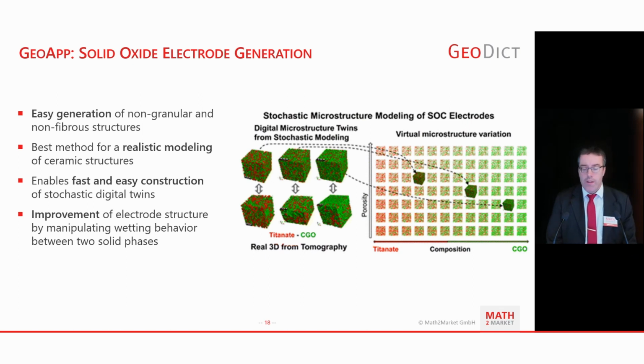And on this side, the fast and easy construction of a stochastic geometric modeling and associated realization of digital twins, as here as an example, is the material design for the solid oxide fuel cells. The microstructure characterization and effective and relative transport properties can be done on a large sampling database. As soon as you get real data, you can compare that with your database and already pick the best suited digital twin. It's already generated in this database.